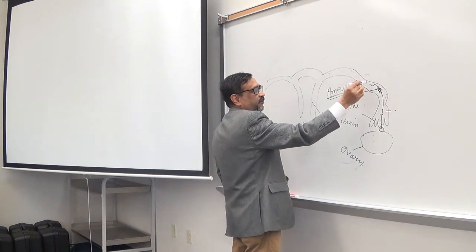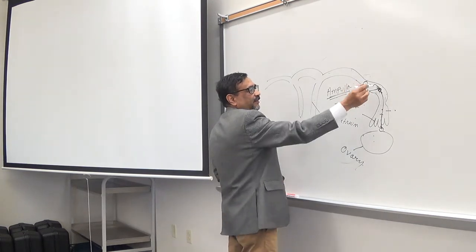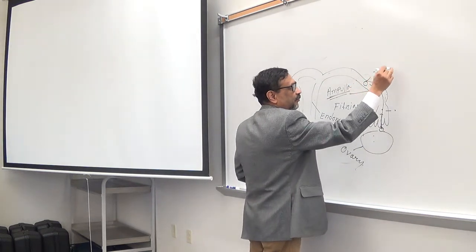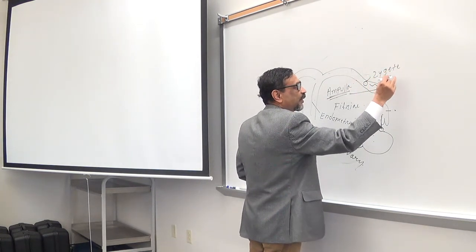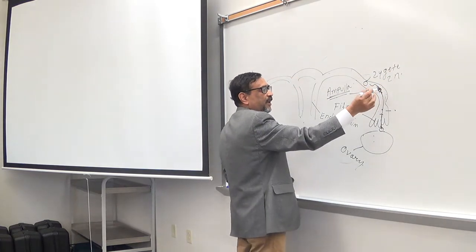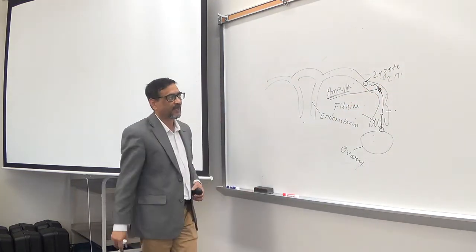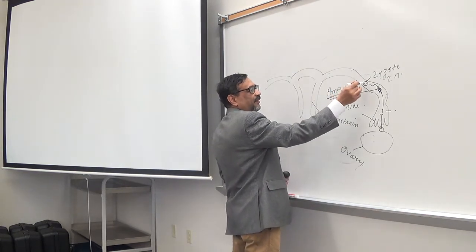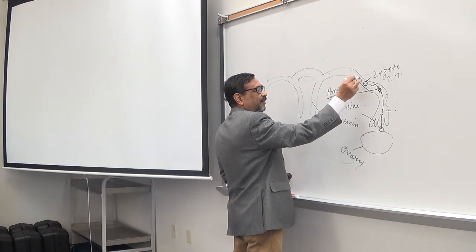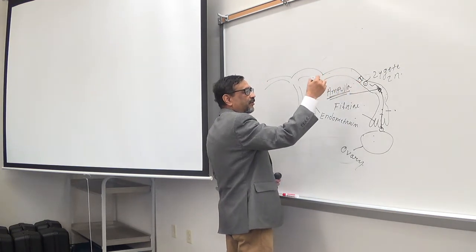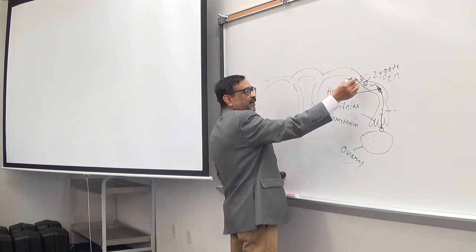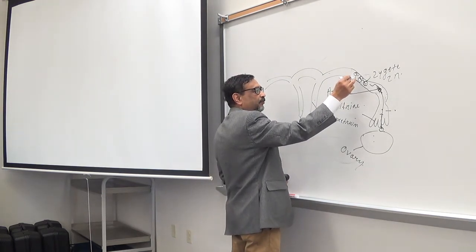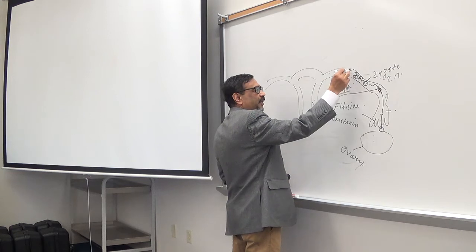Then the fertilized egg is the zygote. Now it has two sets, one from sperm, one from ovum. This is the first cell of new life. Then by mitosis, it starts to divide. So this is the 2-cell stage by mitosis. Then 2 becomes 4, then becomes 8.